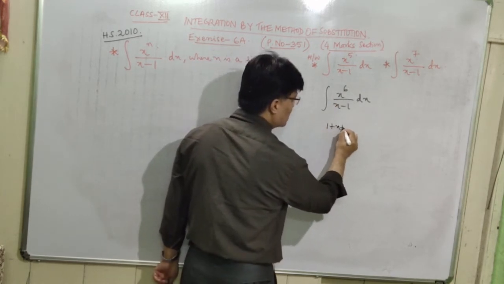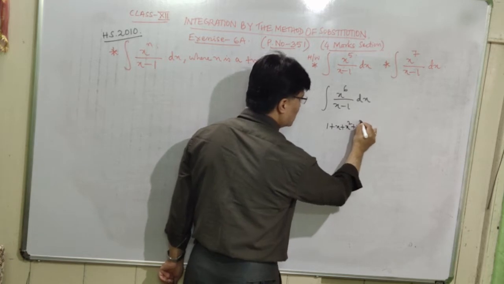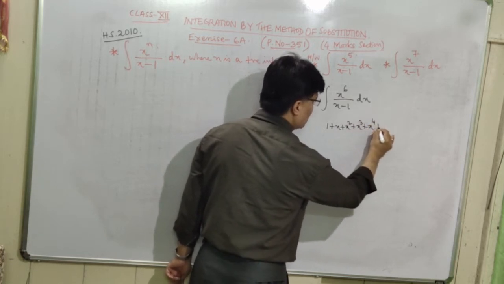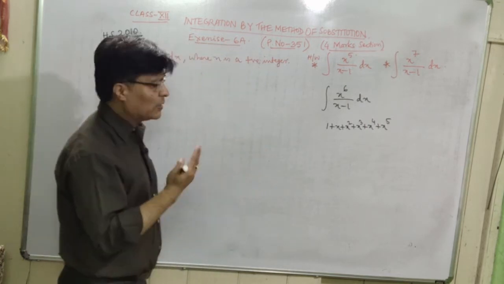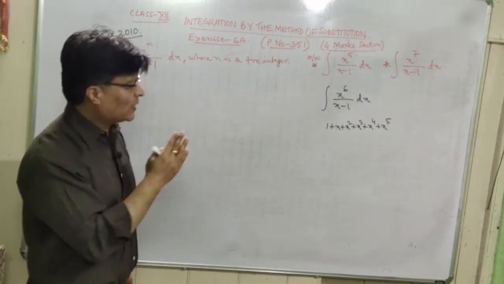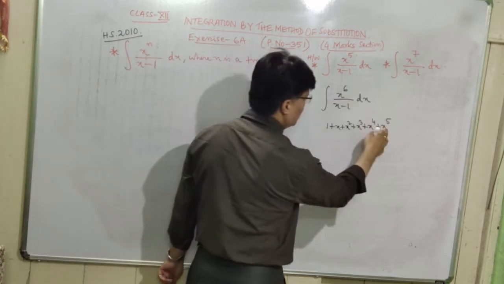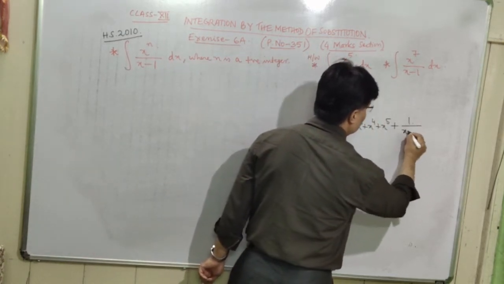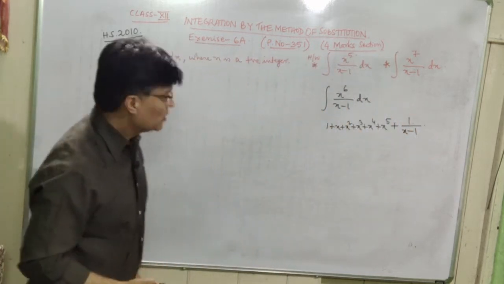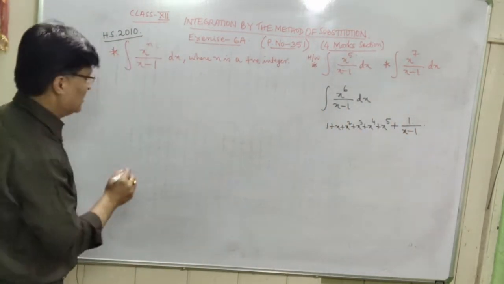It is 1 plus x square plus x cube plus x to the power 4 plus x to the power 5. That is, the last number will be x to the power 5 starting from 1. That is, decrease the power by 1 here. So it will be x to the power 5. This will be the quotient plus remainder upon divisor. Is that clear? So similarly here also we can divide it.